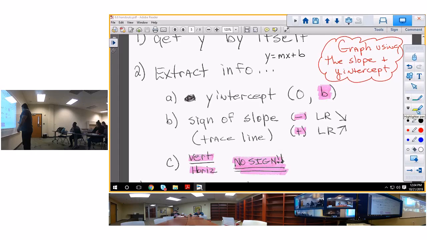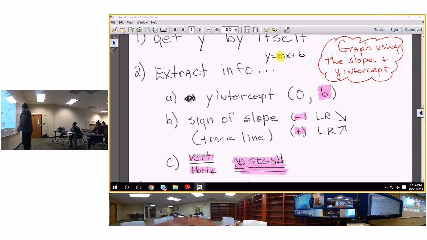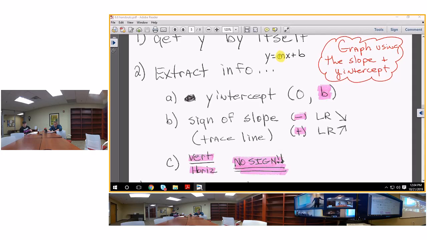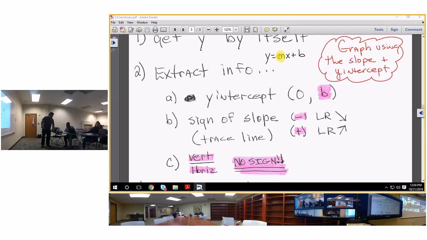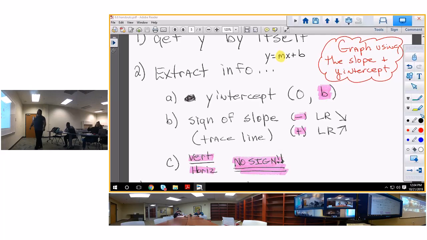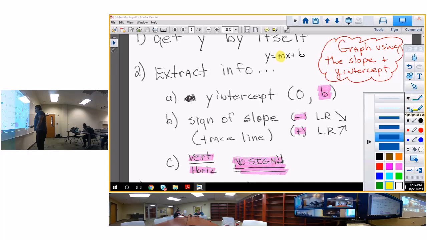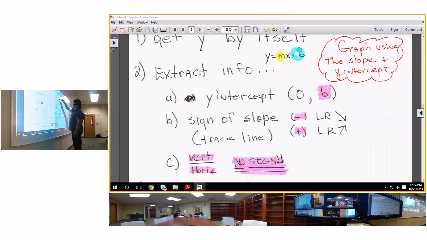This is your slope. Turn to your second part right quick, down three-fourths of the page, where it says y is equal to mx plus b. This is your slope. This is your y-intercept.